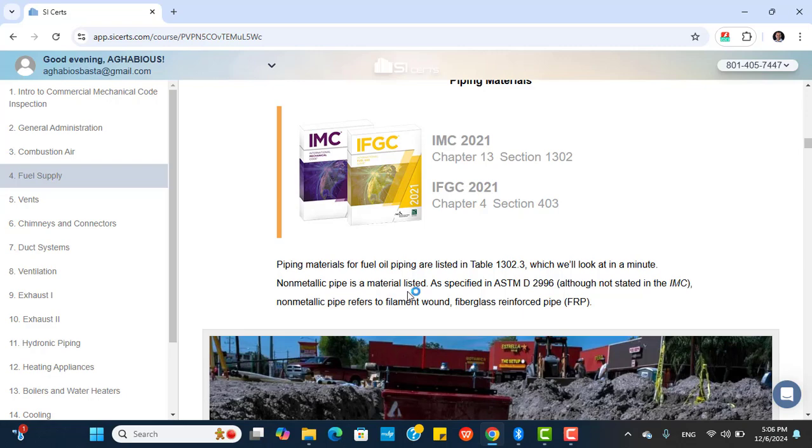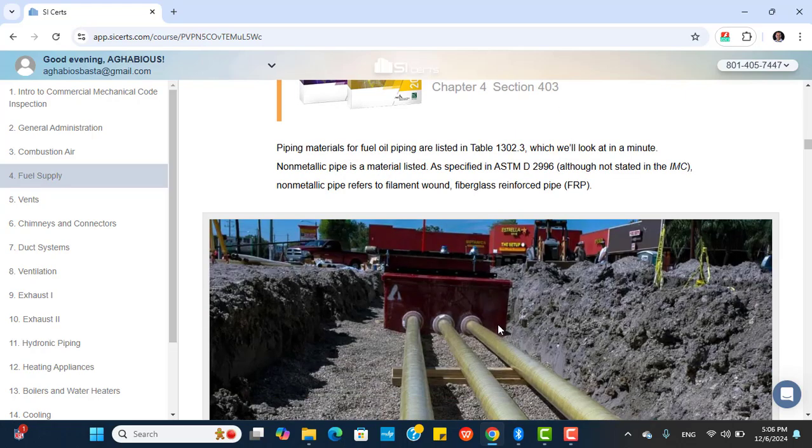Non-metallic pipe is a material listed as specified in ASTM D2996, although not stated in the International Mechanical Code. Non-metallic pipe refers to filament-wound fiberglass reinforced pipe, FRP.